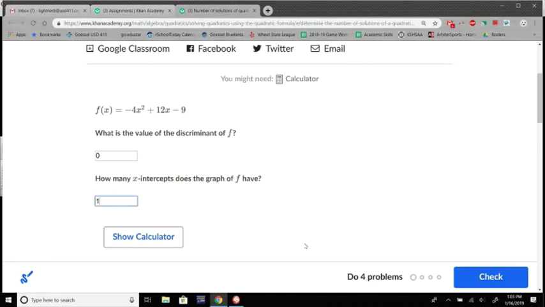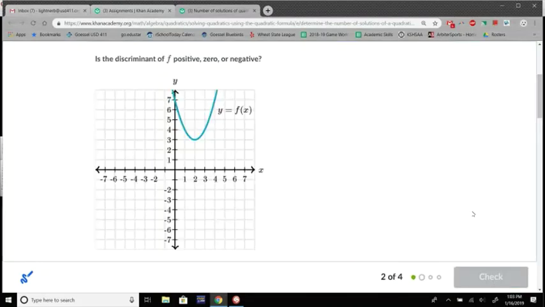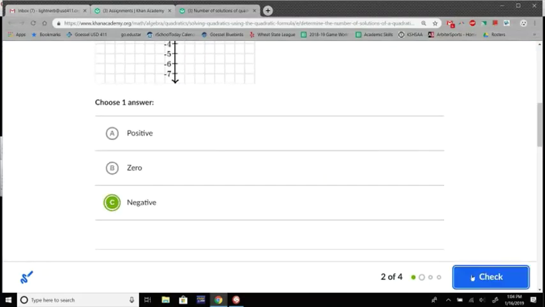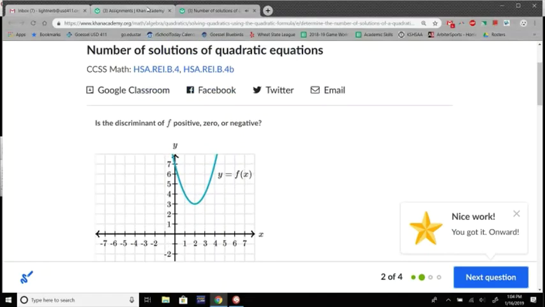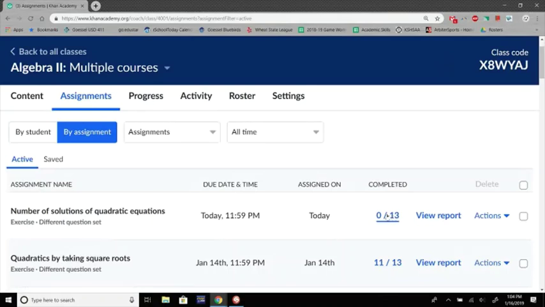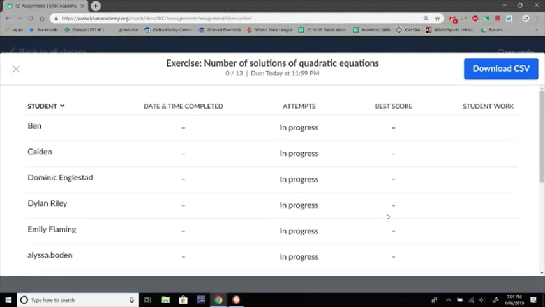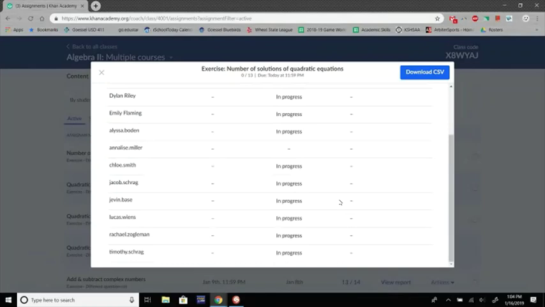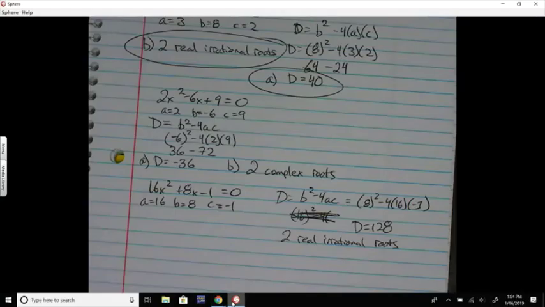Nice work, you got it right. What does it mean by distinct?